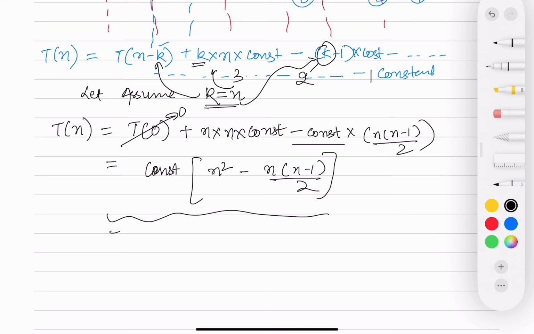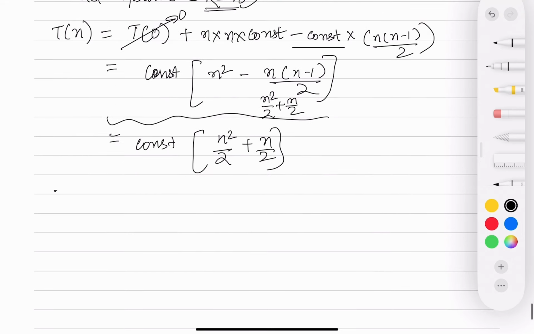If you take the constant out, you get n square by 2 plus n by 2. So asymptotically, if you have to get it, you take the dominant term, and in that also remove the 2, so you will get n square.